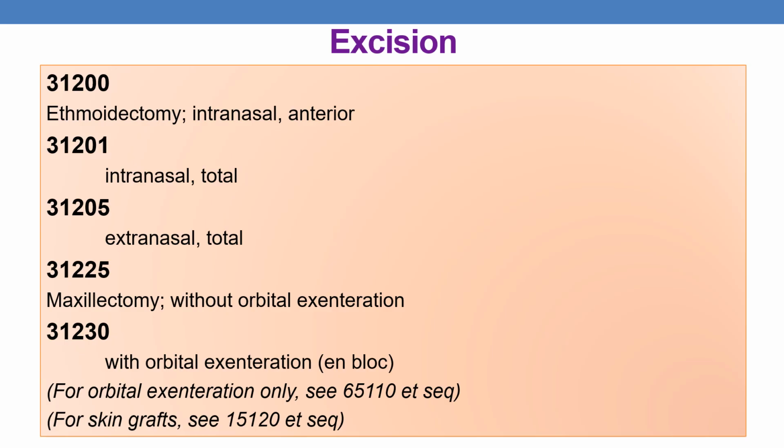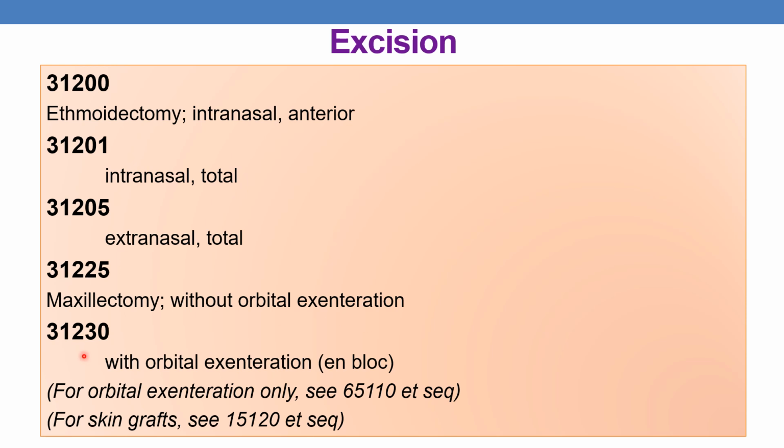The next CPT is 31200. It deals with ethmoidectomy intranasal anterior. The next one is 31201, ethmoidectomy intranasal total. And the next CPT is 31205, ethmoidectomy extranasal total. And finally 31225, it deals with maxillectomy without orbital exenteration.